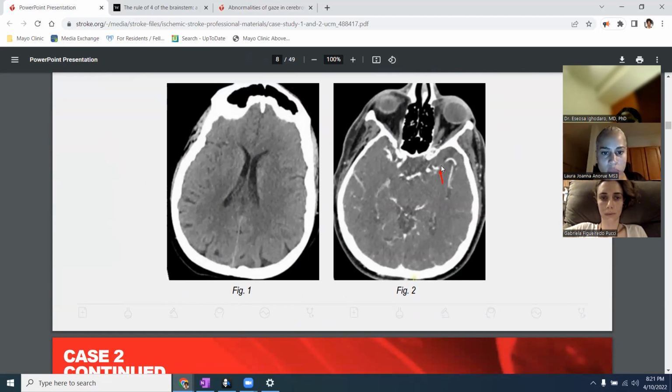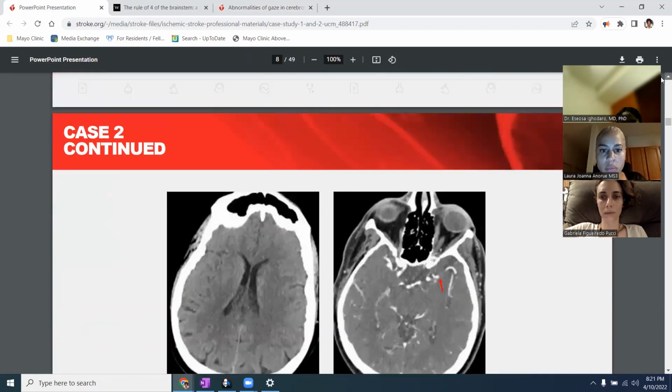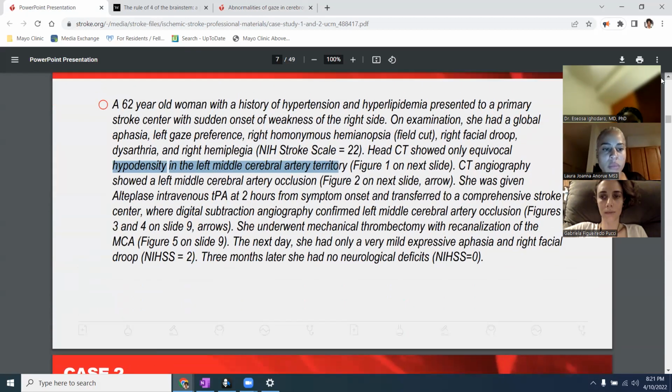And here, it looks like they're showing the occlusion. Is that what they're showing in the MCA distribution? I think so. Yeah, CT shows left MCA occlusion. Oh, looks like they also showed maybe some hypodensity in the left MCA. I can't see it. Cool.